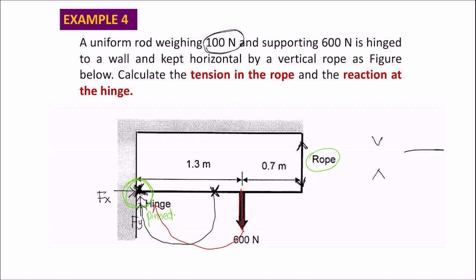Pergi ke support ataupun ke hinge itu 100 Newton. It is clockwise also. And distance dia should be, kalau ini adalah 2 meter, then distance dia adalah 1 meter, di tengah-tengah rod. Jadi 1 meter lah, 2 meter bahagi 2.